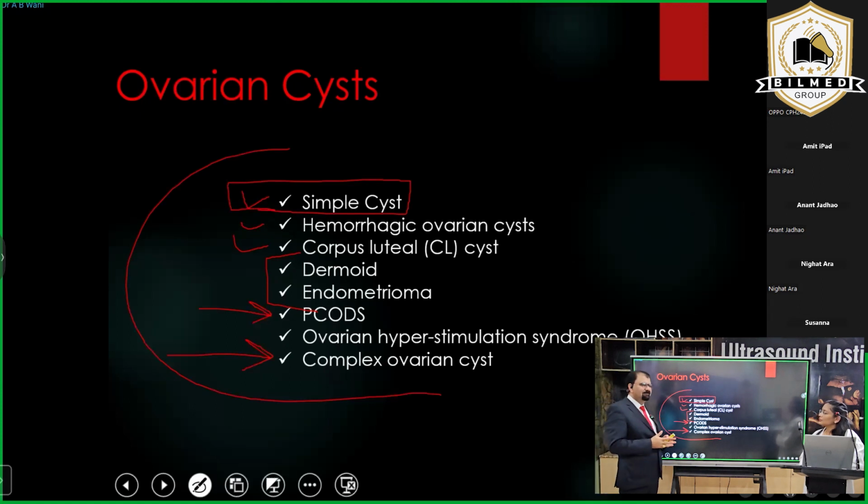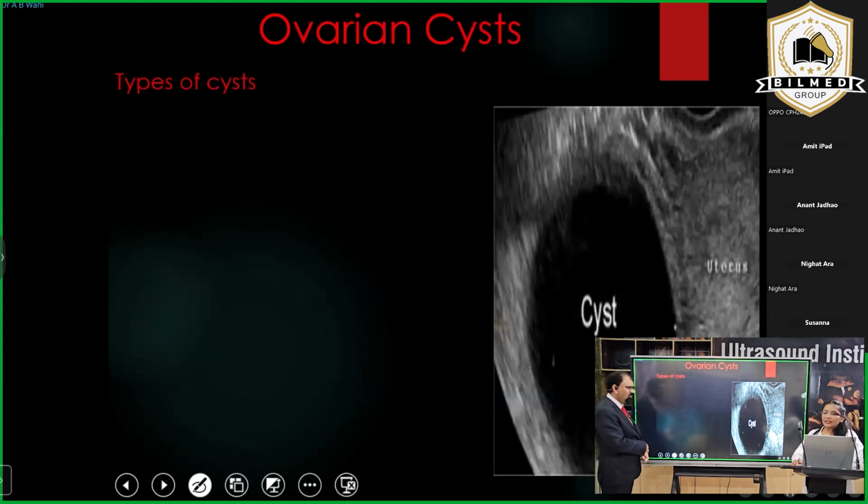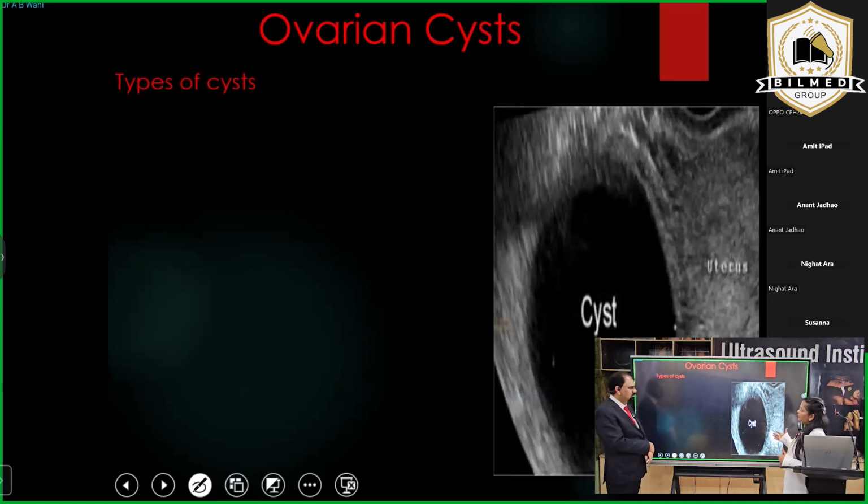What is the definition of a simple cyst? When can you label any cyst as a simple cyst? See, actually, when it is clear and anechoic, and it is less than 5 centimeters in diameter.